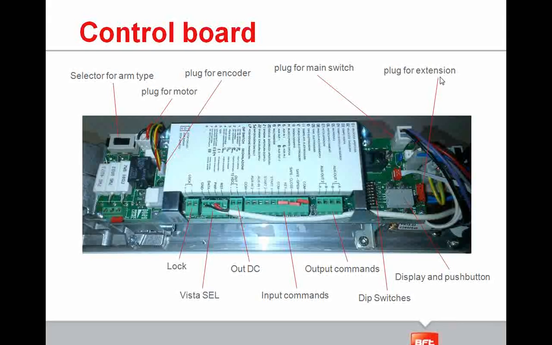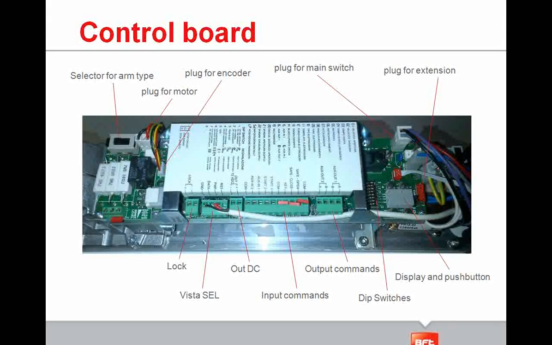Here, the first thing is the selector for the arm type. If you want to install the automation to open the door to the outside, you have to set one position. If you want to open inside, you have to set the other position. So it's one of the most important things for this door.